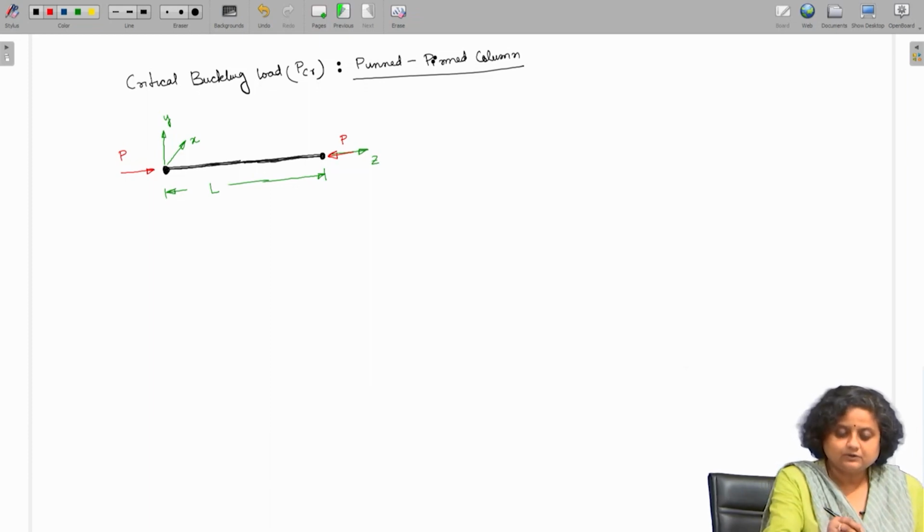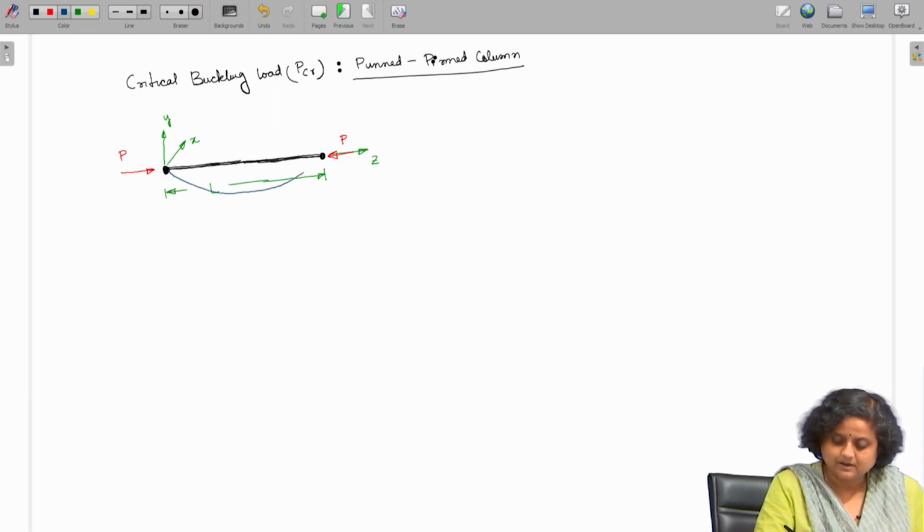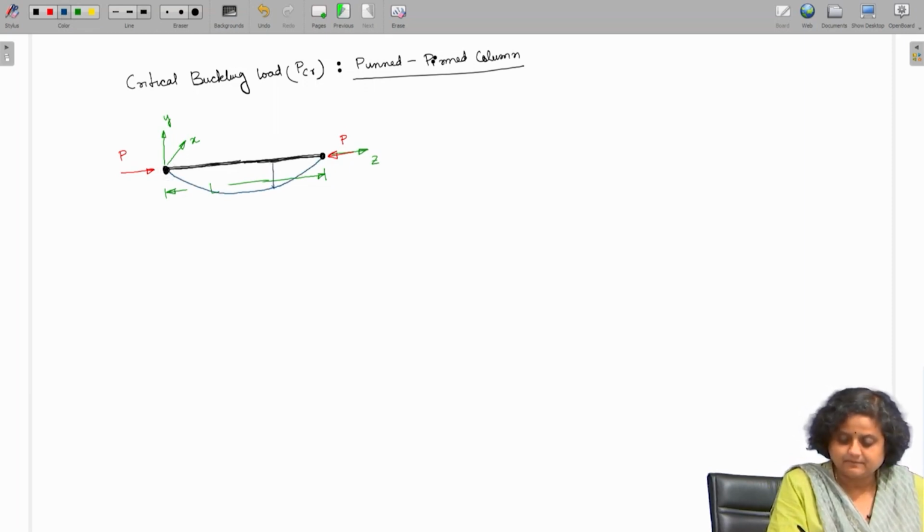Now, because of this applied force, let this column undergo a deformation, and let this deformation be referred as Vz.